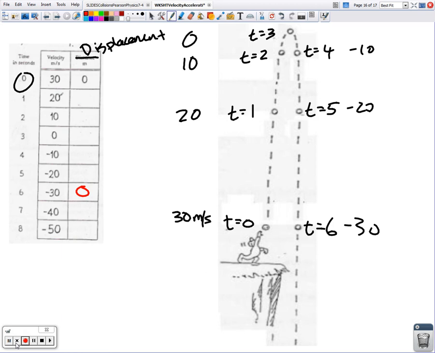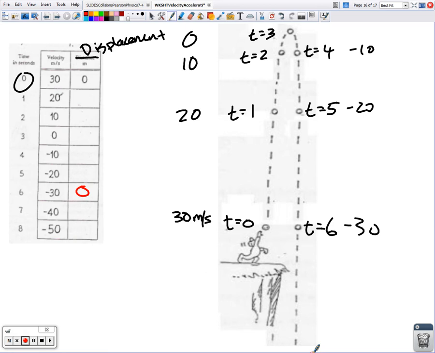As far as displacement and direction goes, up until this point, it's always above where it started, right? Once it gets past here, now it's below where it started.